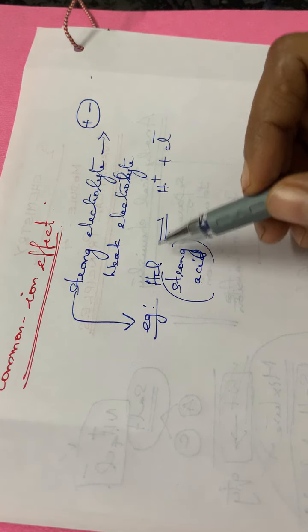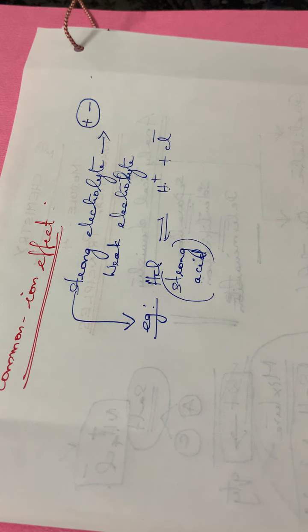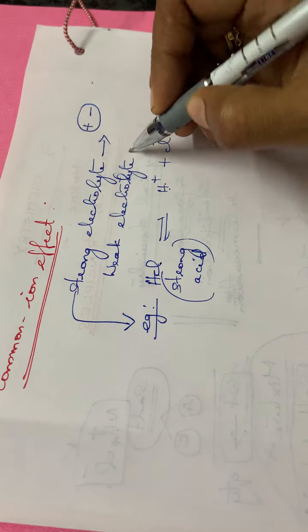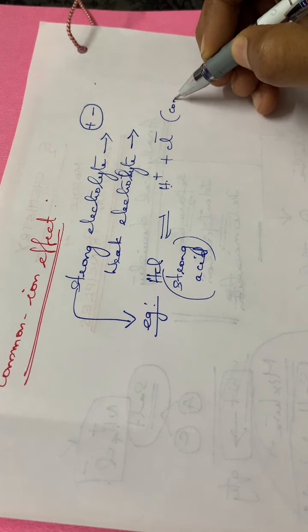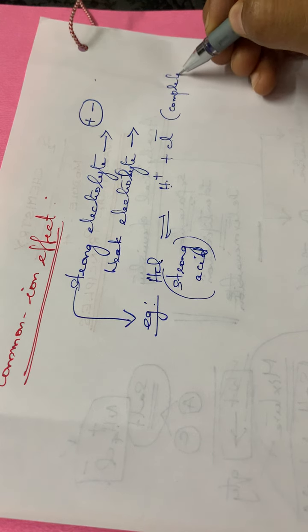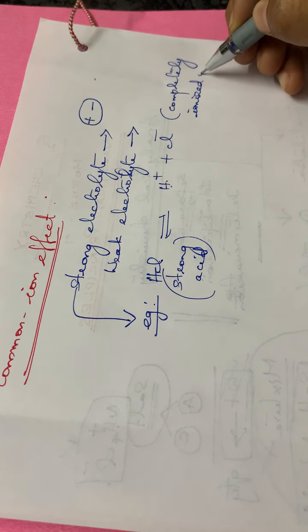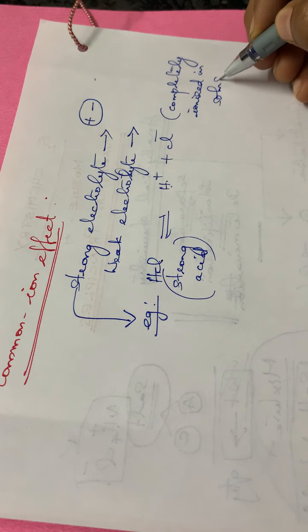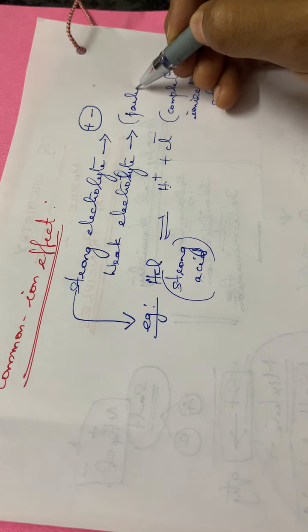So this HCl will be completely ionized in water to give H plus and Cl minus. Then what about weak electrolytes? They will not be completely ionized. Strong electrolytes are completely ionized in solution, but in the case of weak electrolytes, only partial ionization takes place.